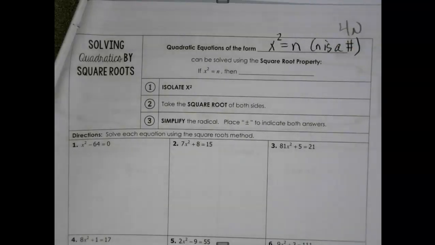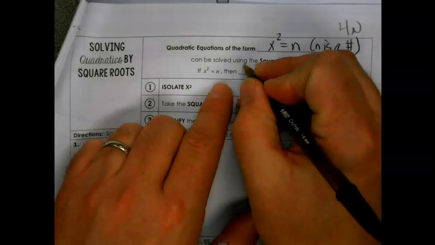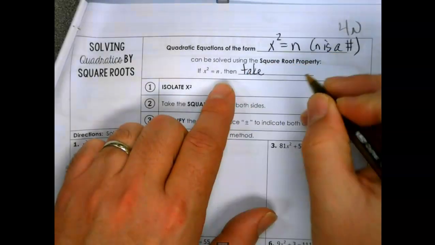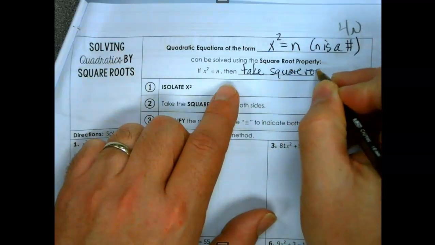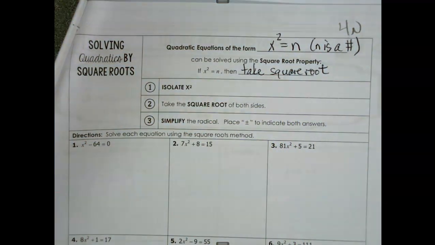When that occurs, we can take the square root of both sides and get to a solution.